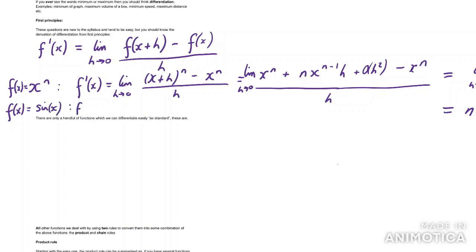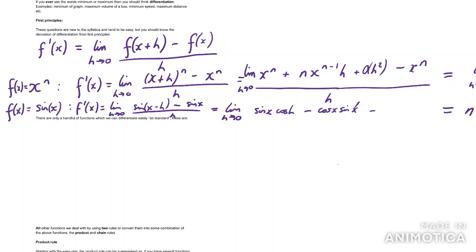Then f dash x will be the limit as h tends to 0 of sine of x plus h minus sine x all over h, which is equal to the limit as h tends to 0 of sine x cos h plus cos x sine h minus sine x, all over h.